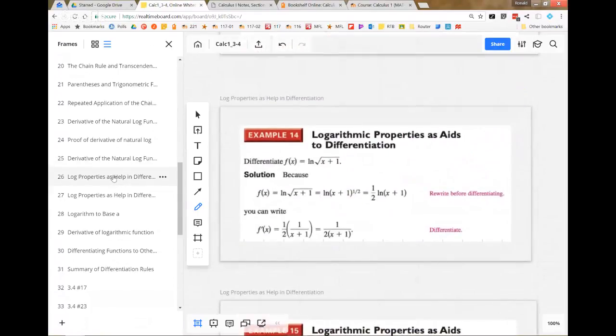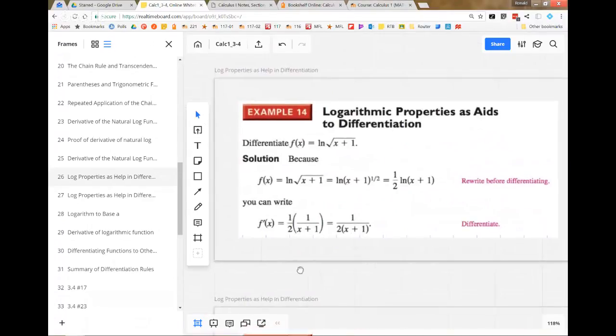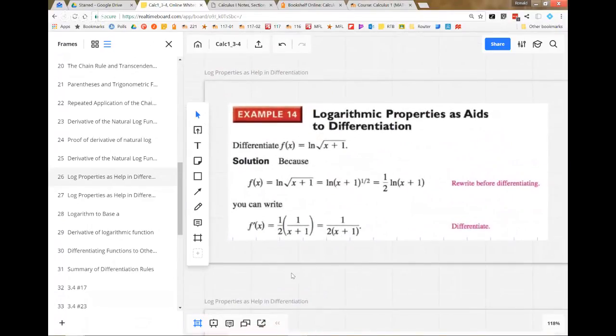Now, here's kind of a cool thing. Logarithms. Do you remember the properties of logarithms? For example, what's the logarithm of two things being multiplied? It's the log of one plus the log of the other, right? Because if you were multiplying two things with exponents, you would keep the base and add the exponents. Another logarithm law is when you have something to a power, like we do here, you take that power times the natural log of the base.